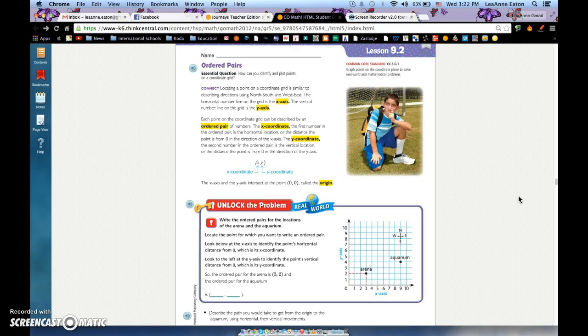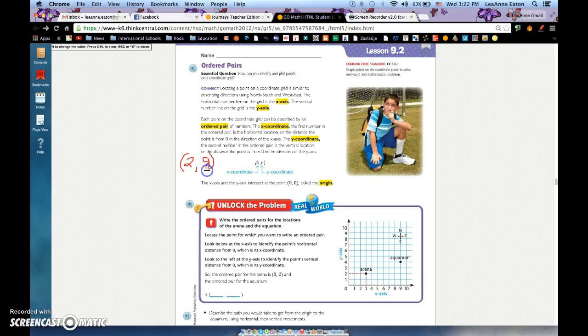Each point on the coordinate grid can be described by an ordered pair of numbers. The ordered pair is just two numbers that we write like this with parentheses. The x comes first, comma, the y, and then we have the parentheses. So we might write it like this: parenthesis 2, 8.